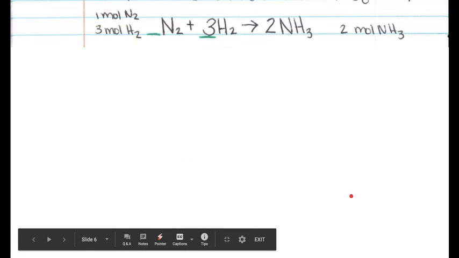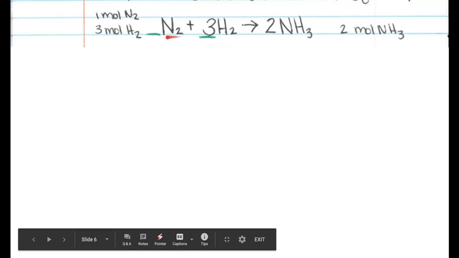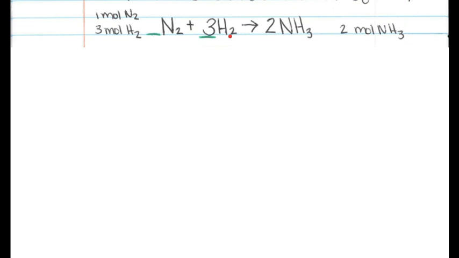Okay, so let's start with an example. This is the chemical equation, and this is just lower down in your page. I just can't fit it all on one screen, guys. Okay, so write down, you've got nitrogen and hydrogen yields ammonia. This chemical reaction, I already had to balance.